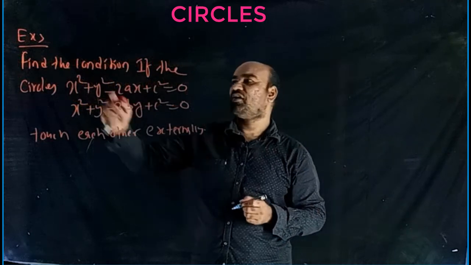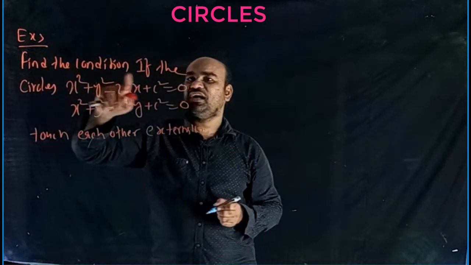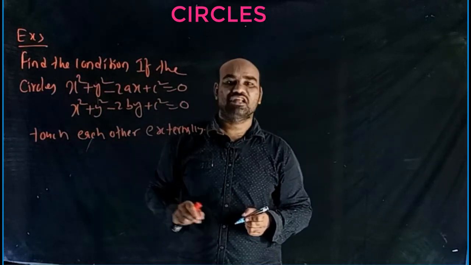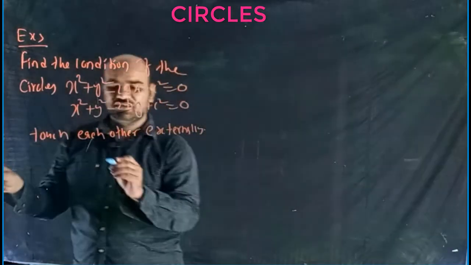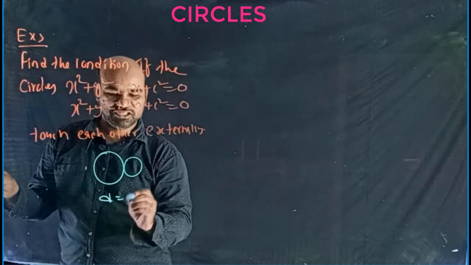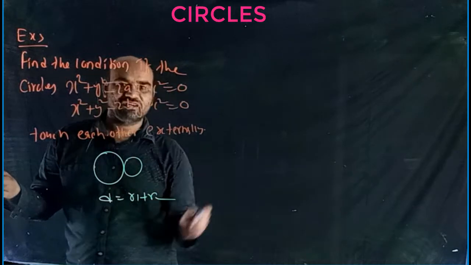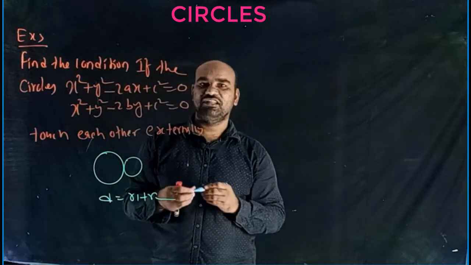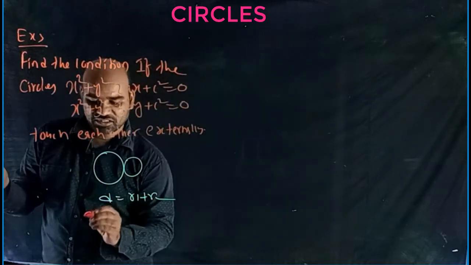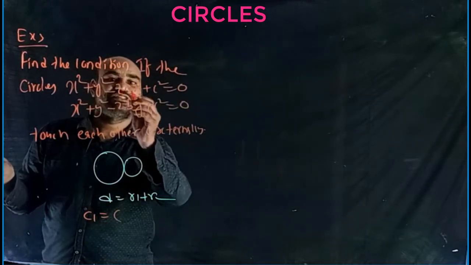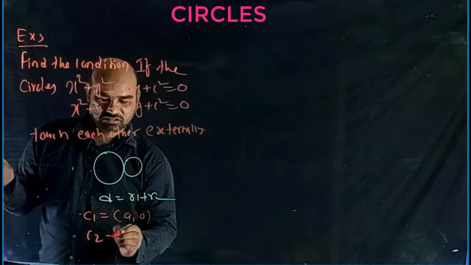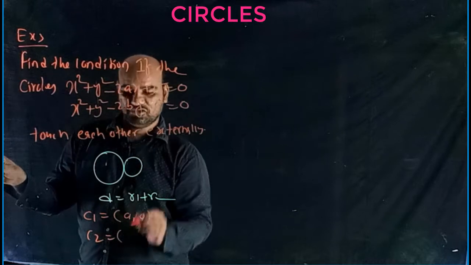Okay students, example 3. Find the condition if these two circles touch each other externally. Two circles are given, they touch each other externally. Then what is the condition? D should be equal to R1 plus R2. Under this condition, we want to create the relationship between A, B, C. The center of the first circle is (A, 0), the center of the second circle is (0, B).